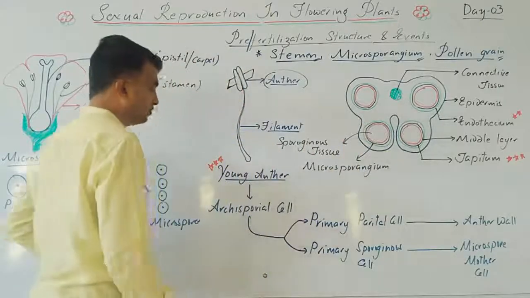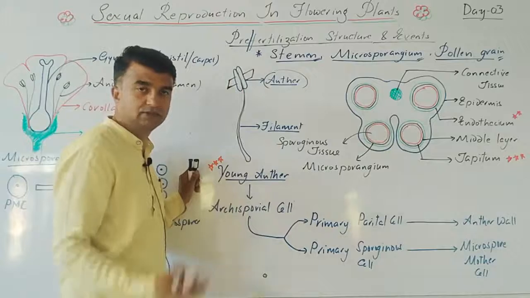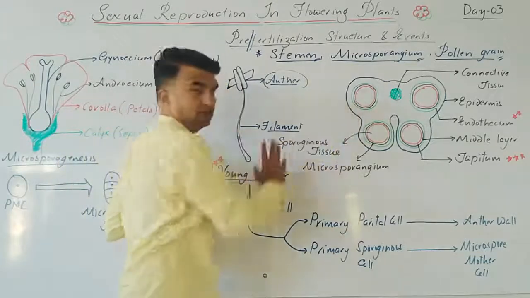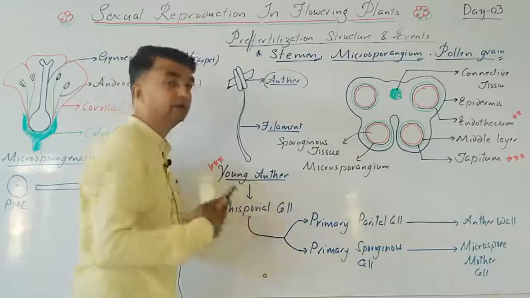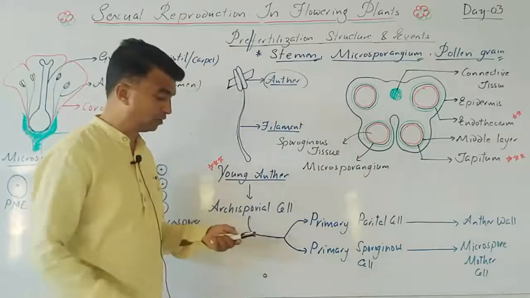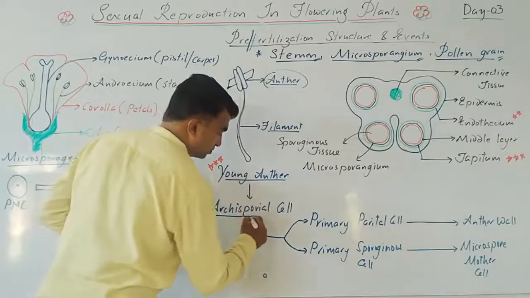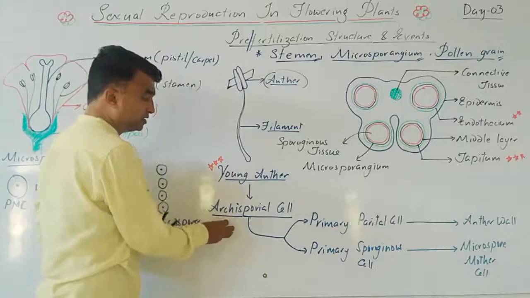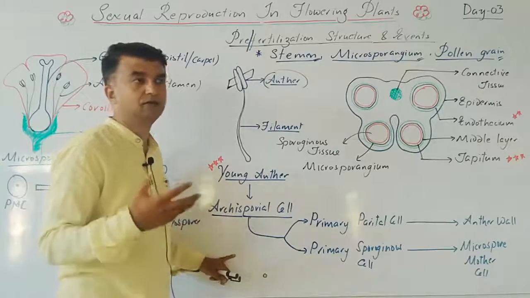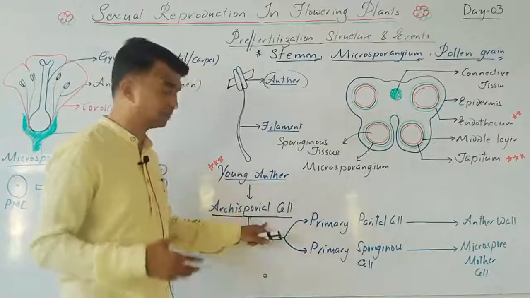When the anther is young, it is still not differentiated like this. In the young anther, some of the hypodermal cells differentiate and develop as archesporial cells. These cells are a little prominent, filled with a large amount of cytoplasm, and have a prominent nucleus.